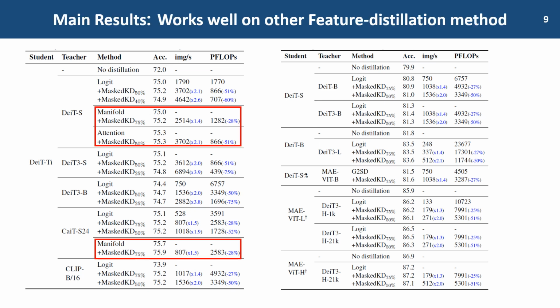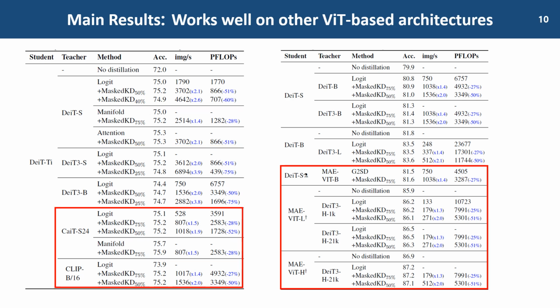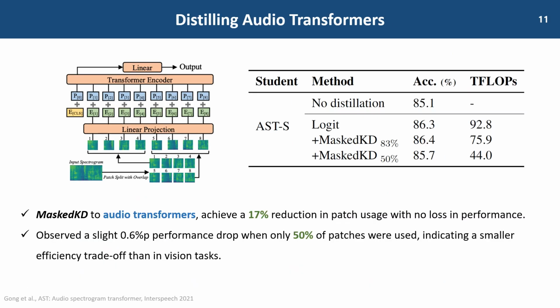Additionally, we found that MaskedKD consistently maintained performance across different feature distillation methods. We also observed that it performs well with models of different architectures and training methods, such as CLIP and large-scale models.